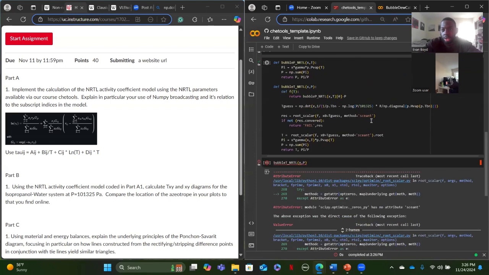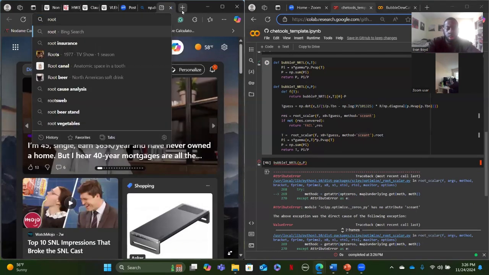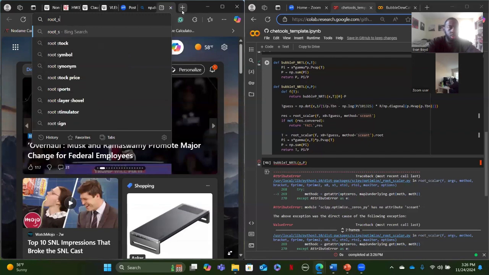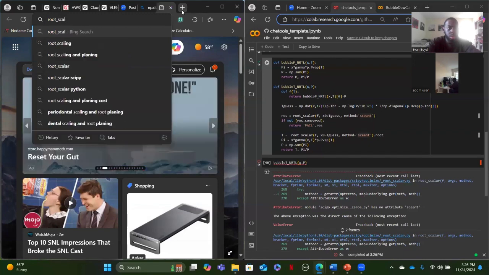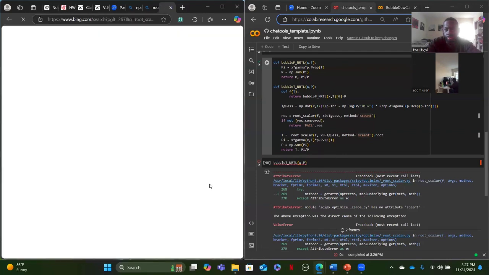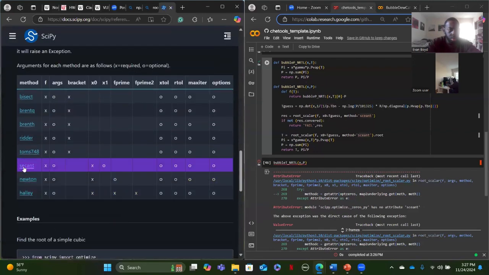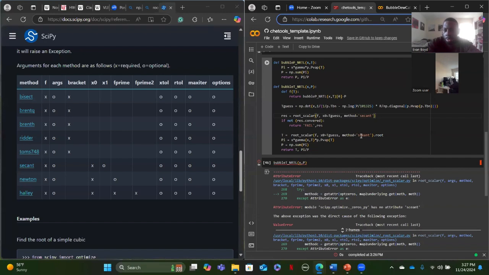Oh, it's the. Let me make sure. Roots. I may have spelled that wrong. Scalar. Python. Let me see the different methods. Yeah, there is none like this. Yep. One. There you go. Secant. Okay.